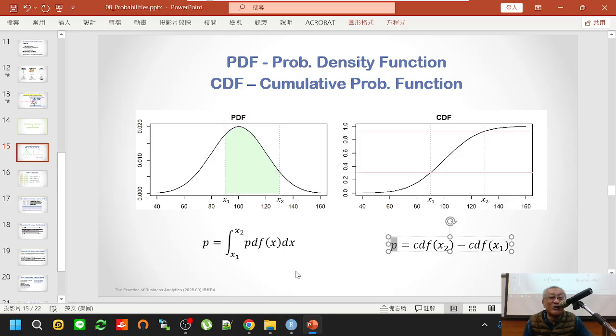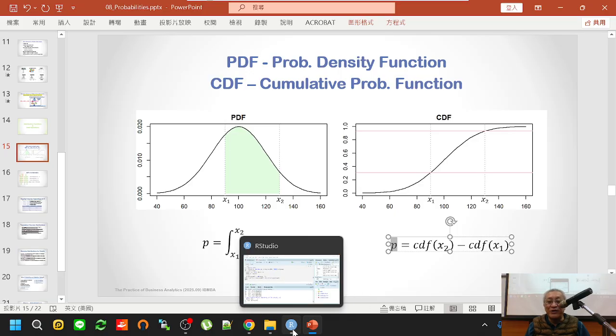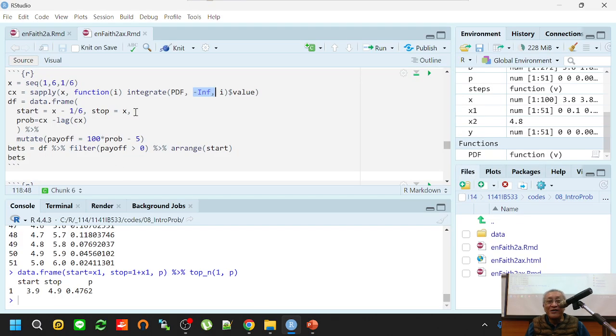In order to calculate the probability with PDF and CDF, the most convenient way is to build the CDF first. The way is to calculate the probability from the left tail to the boundary, and that is what we are doing here.